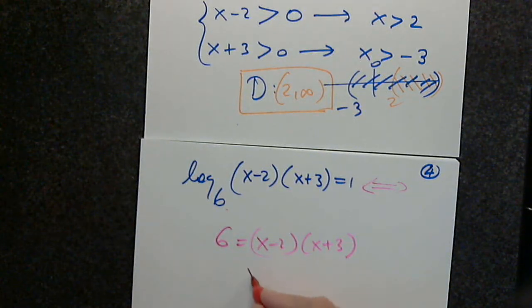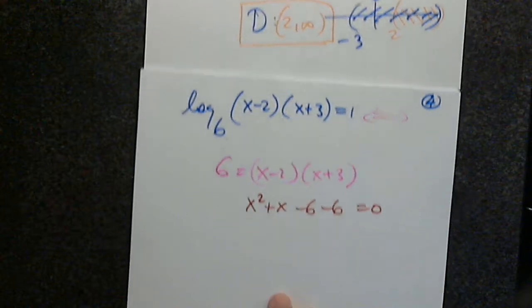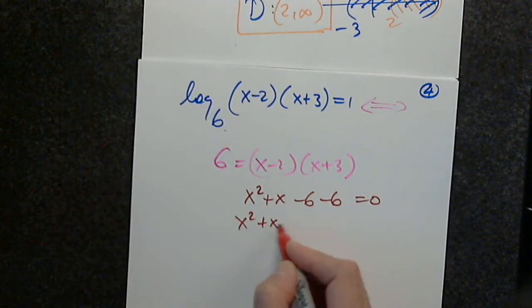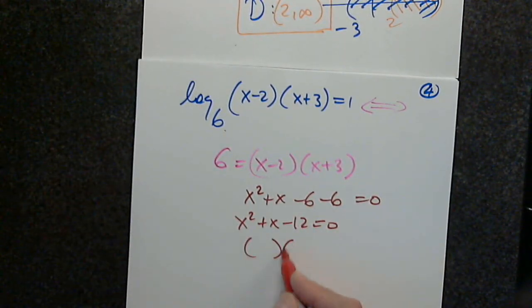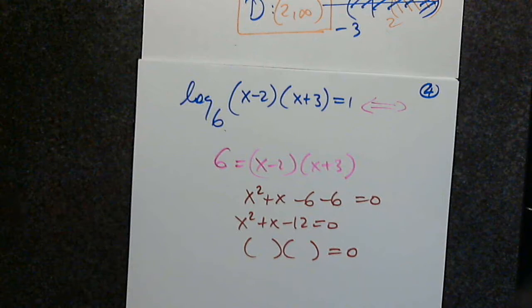So we have x squared plus 3x minus 2x, which is plus x, and then minus 6, and then minus 6 equals 0. Or x squared plus x minus 12 equals 0, and I'm waiting for you to factor it. How do we factor that?